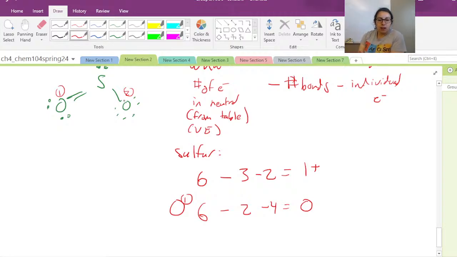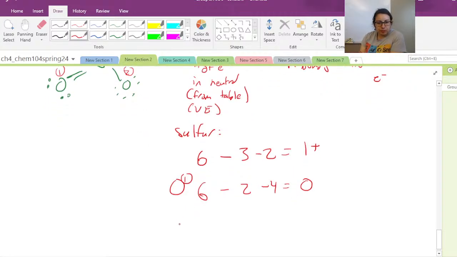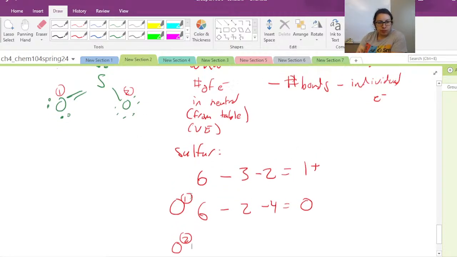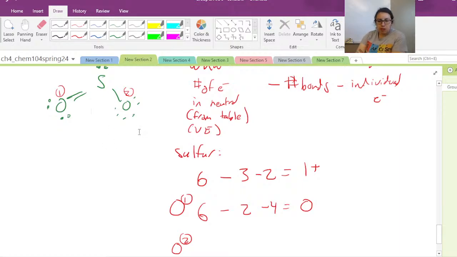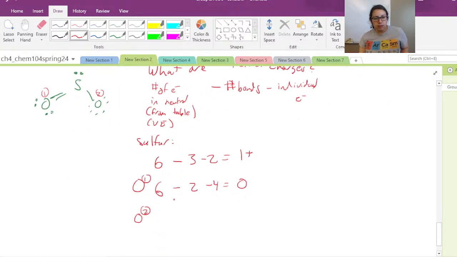And then our last oxygen, we do the same analysis: 6 minus 1 bond minus 1, 2, 3, 4, 5, 6 electrons, and so that gives us a negative 1 charge.